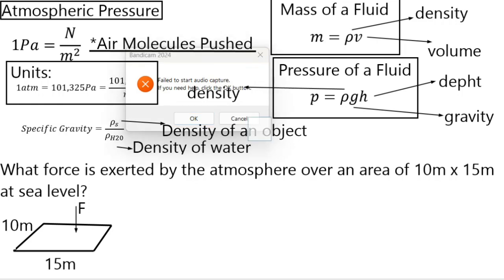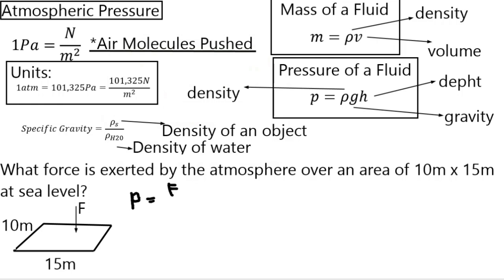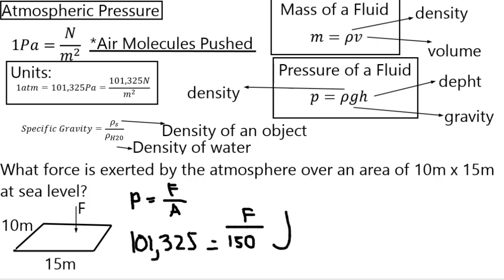What force is exerted by the atmosphere over an area of 10 by 15 meters at sea level? We all know that pressure is equal to force over area, and we're going to calculate the force that is being applied here. It is at sea level, therefore the pressure is going to be 101,325 pascals, and the area is going to be 150.